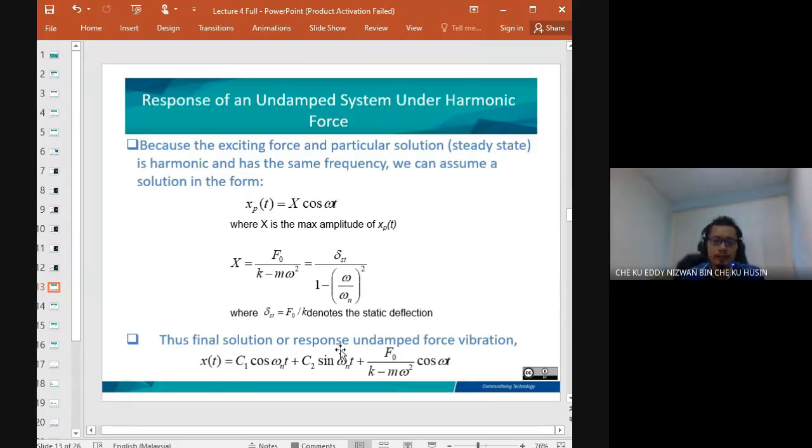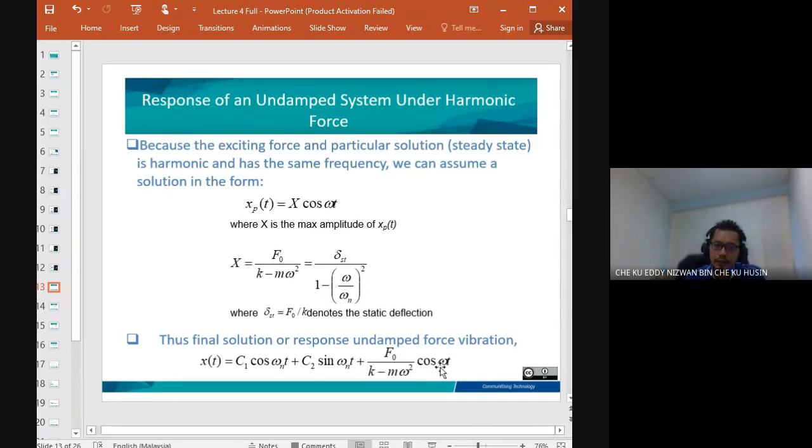To solve the total response, you have to solve everything here. First you have to solve the particular solution. The particular solution is easier to solve because it depends on the equation: just use this equation to find the amplitude, and then you have to calculate the frequency. That's the difference.